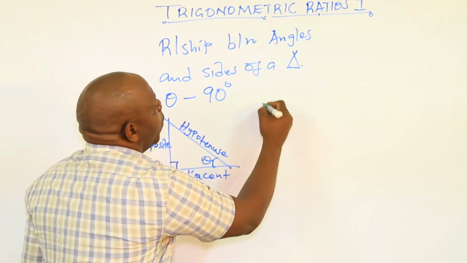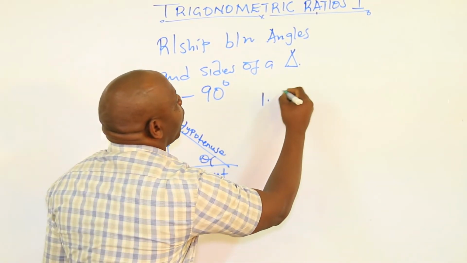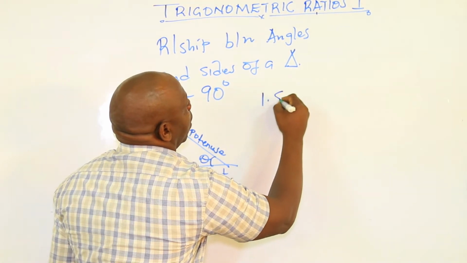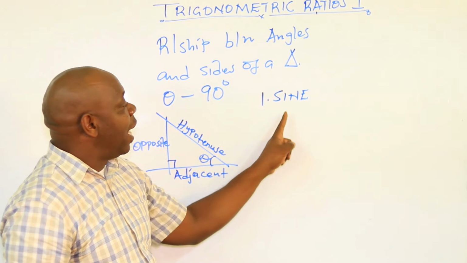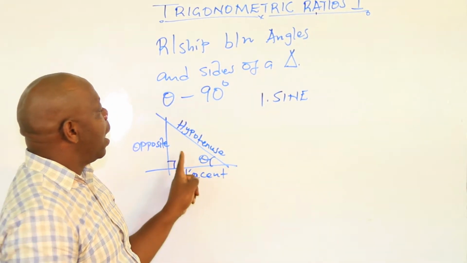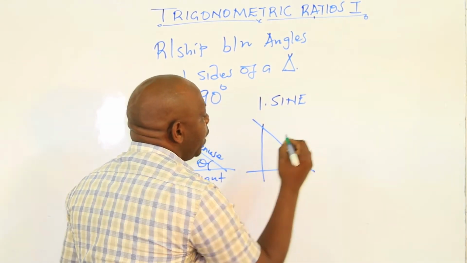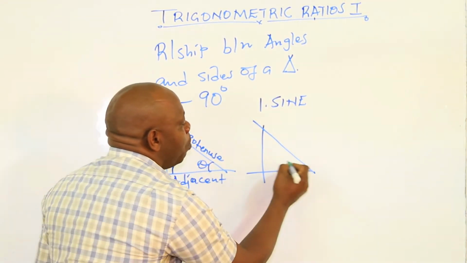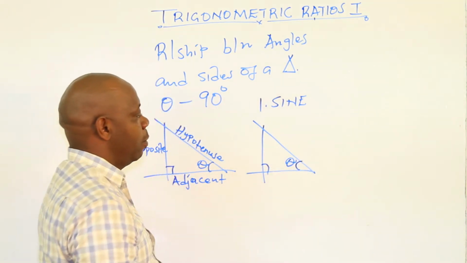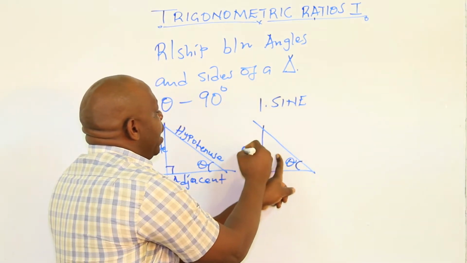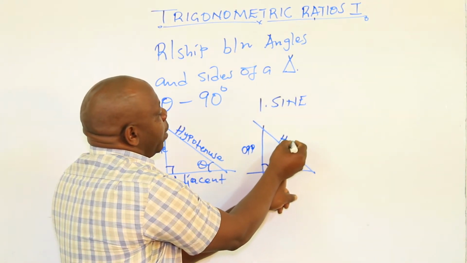We have three relationships, and the first one is what we refer to as the sine. The sine, given a right angle triangle here, is the relationship between the subject angle theta there, its opposite side here, and the hypotenuse here.